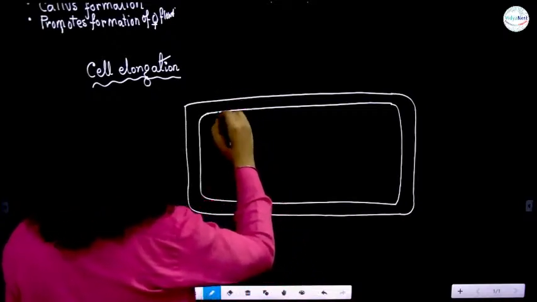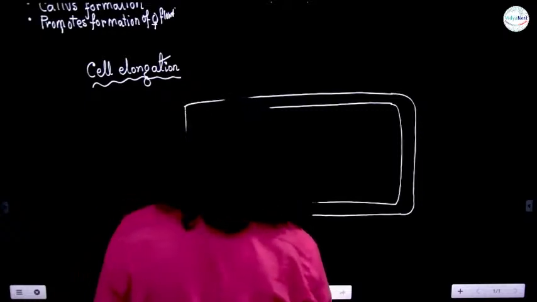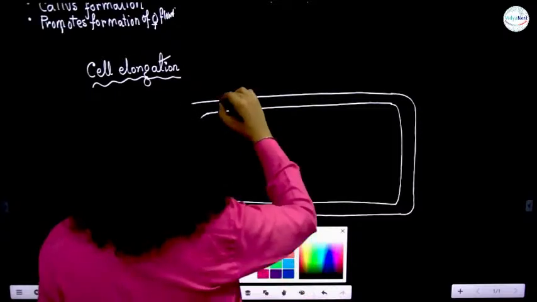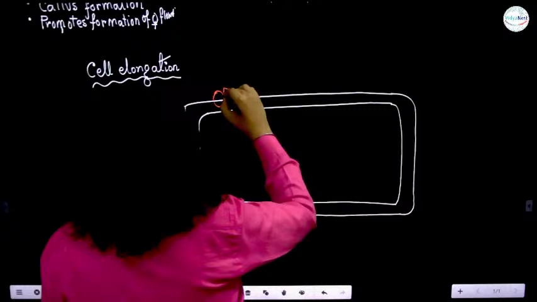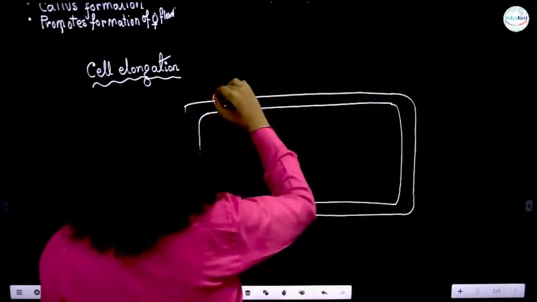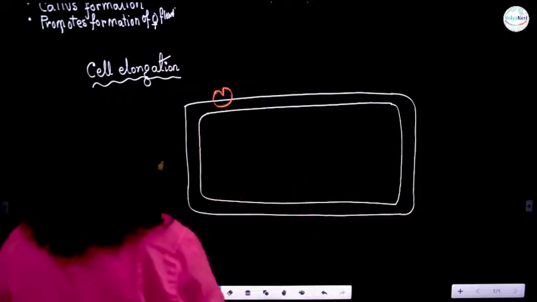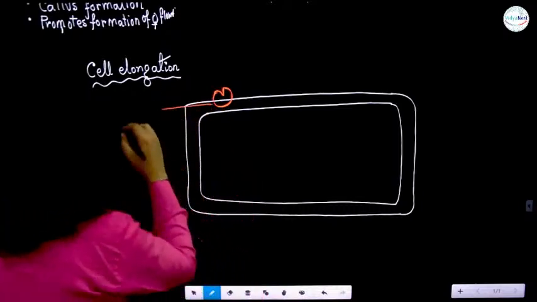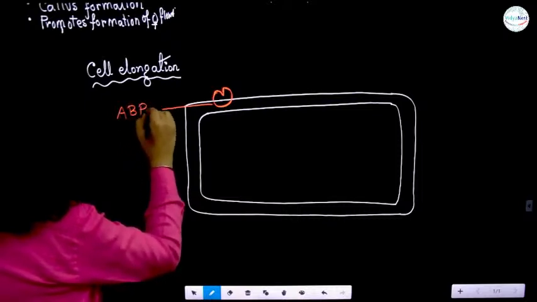Inside this plant cell, there are some structures which are present. There is a receptor. This is known as auxin binding receptor, ABP1.